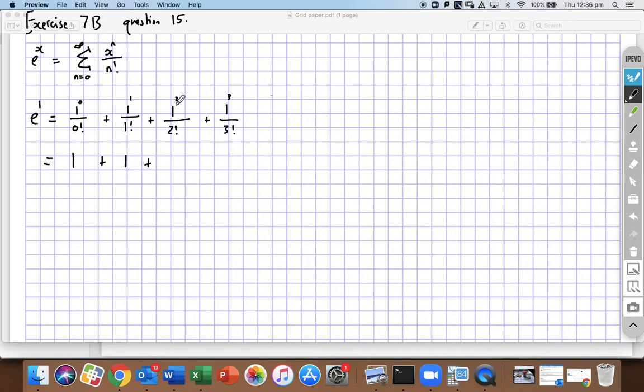This here, 1 squared, we're always going to have 1s on top of these fractions. 2 factorial, that's 2 times 1, so that is a 2, and then we have a half. 3 factorial, 3 times 2 times 1 is a 6. The next one is 24. The next one is 24 times 5, 120. So this would just keep going.